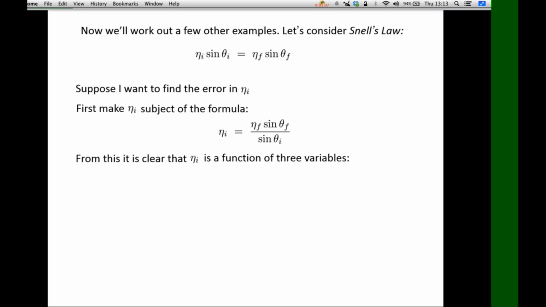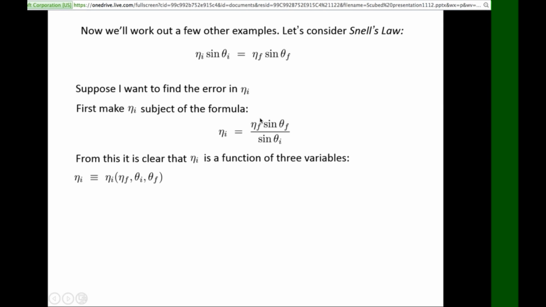From this equation, it is clear that eta I is a function of three variables: eta f, theta f, and theta I. So, again, using the fundamental formula, we write delta eta I is the error in eta I due to the uncertainty in eta f, the error in eta I due to the uncertainty in theta I, and the error in eta I due to the uncertainty in theta f.